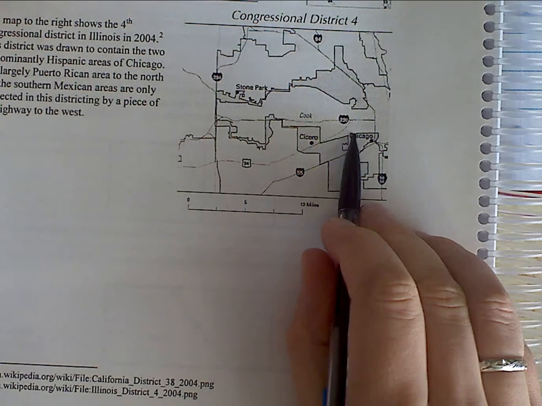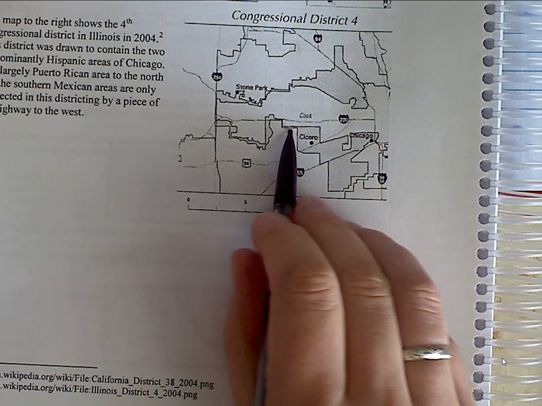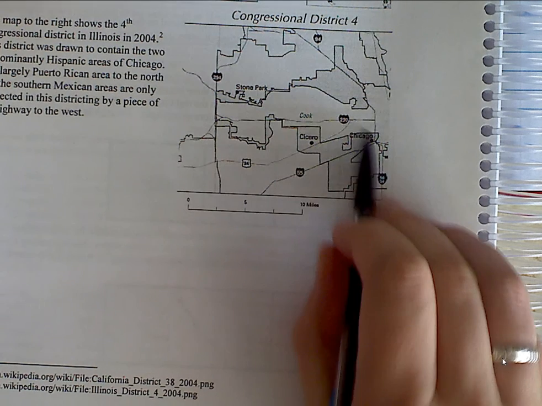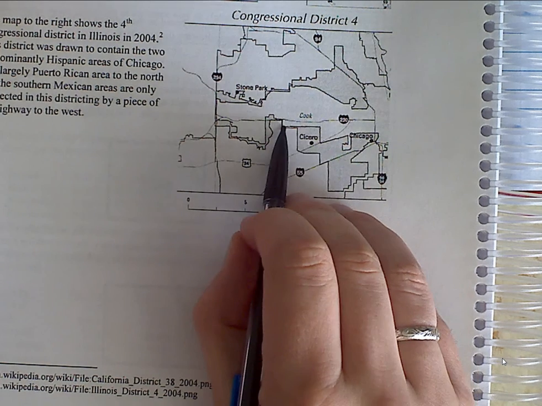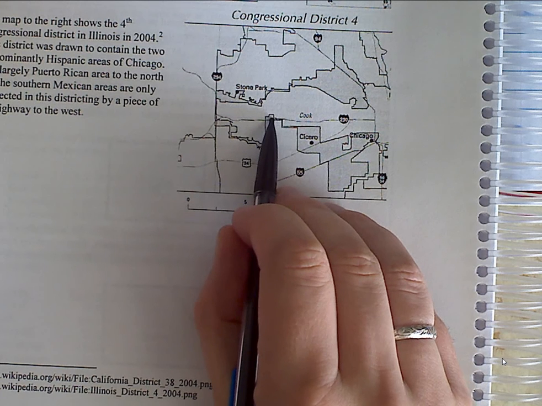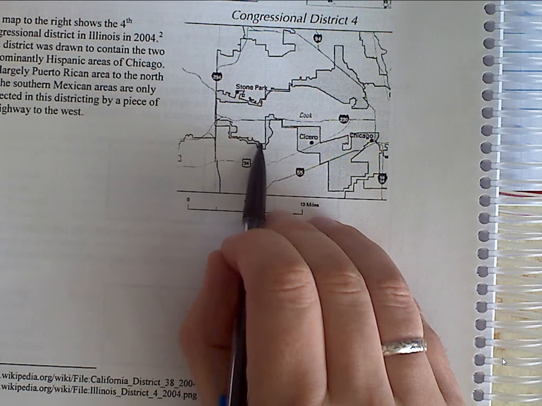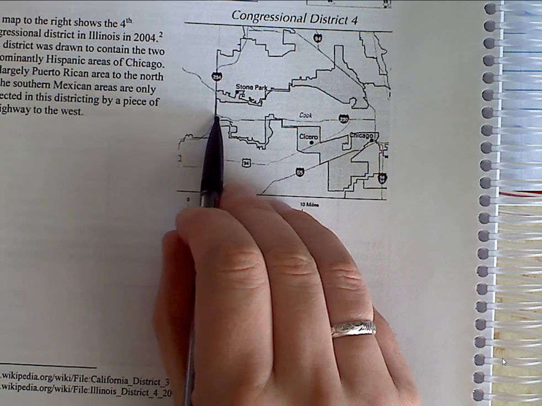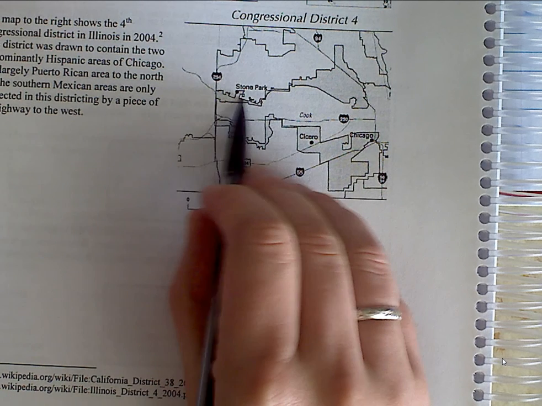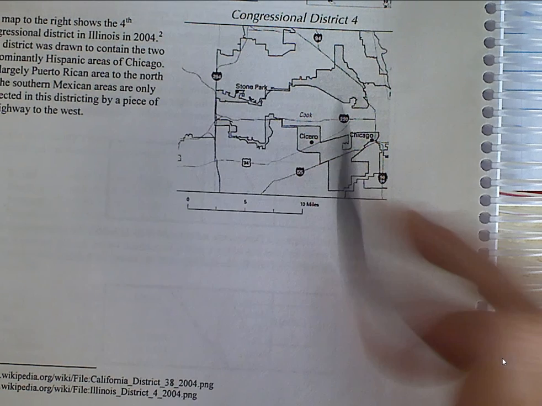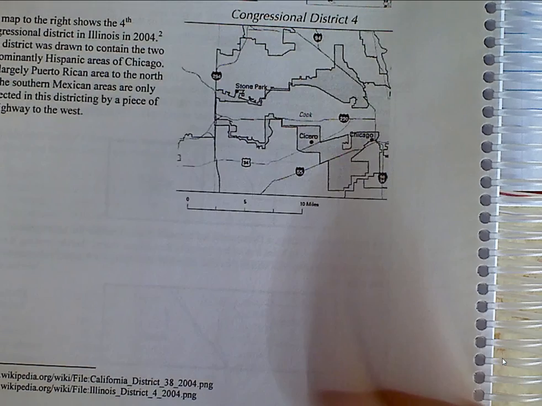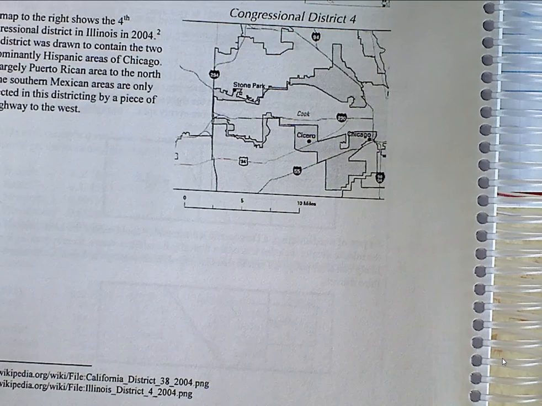This part right here kind of makes sense. But then it goes over, up, over, up, over, down, up, over, down, over, up, over, down, up, over. Just this weird little section is one congressional district.